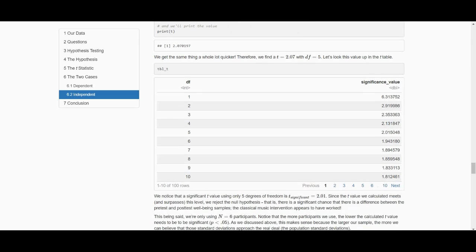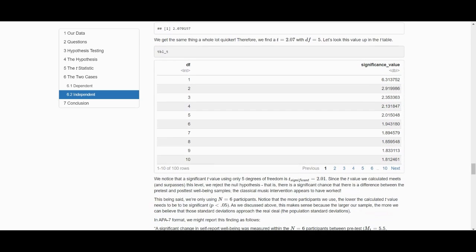Let's look this value up in the t-table. In the t-table, again, we search by degrees of freedom. So if we go to 5 degrees of freedom, we find that we would need a t-value of 2.015 or more in order to reject the null hypothesis.